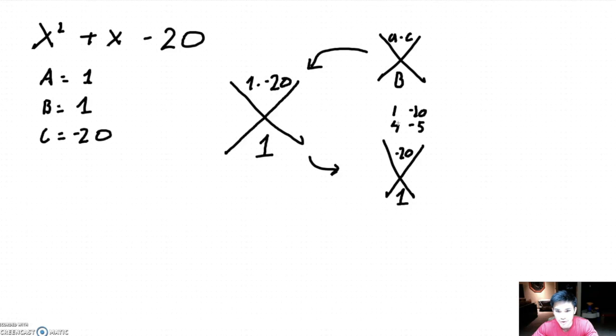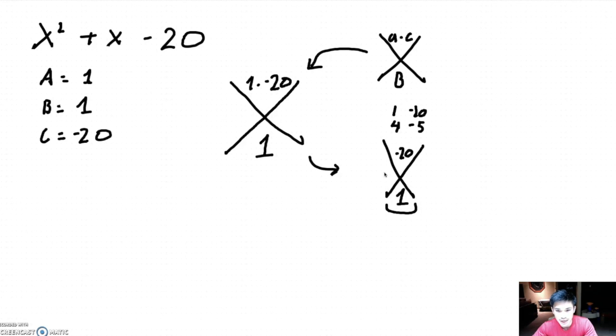My first initial thing is always to find the factors first. Once I think of a factor pair, I need to make sure that the factors add or subtract to get to the value at the bottom.